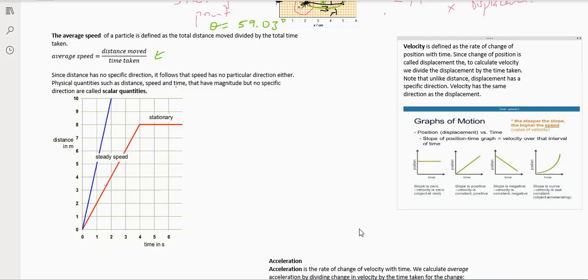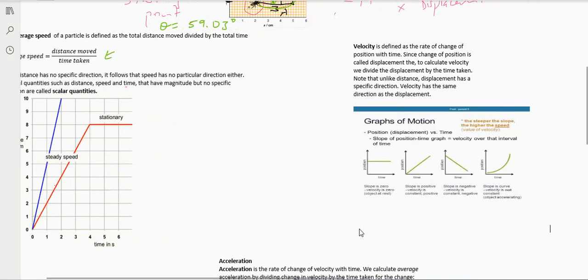Velocity is defined as the rate of change of position with time. Remember, when we talk about change of position, initially we talked about displacement.